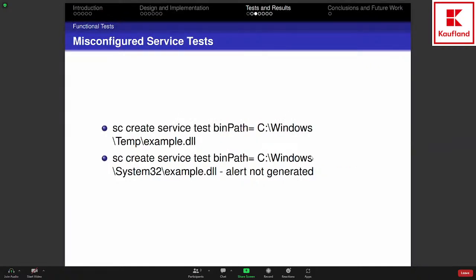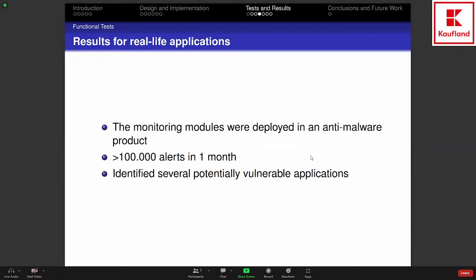Misconfigured service, same idea. If it tries to execute something from temp, it's bad. If it's from System32, it's good. Of course, the actual checks are a bit more complex than that. We look at the security descriptors of the folders, the elevation of the processes, the way in which the files are written. So that ends the part which was in the article.